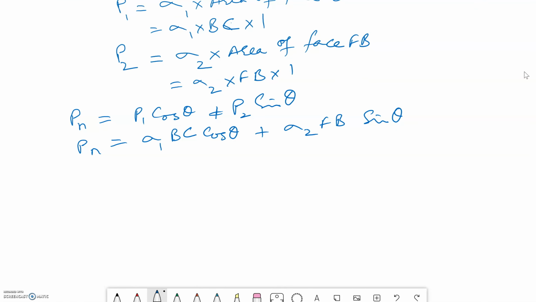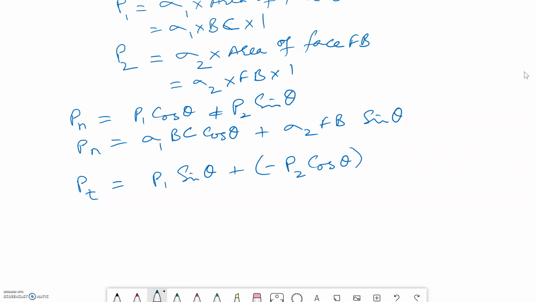Right? Now similarly, Pt is the tangential force acting on section FC. It will be the sum of the components along the section FC. So it will be P1 sin theta plus minus P2 cos theta. We're taking minus because the directions are opposite.